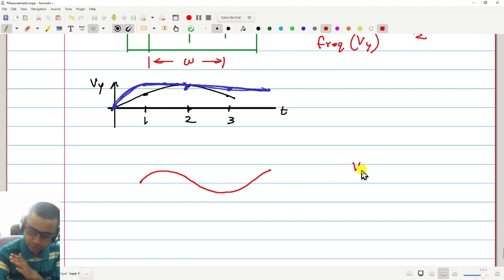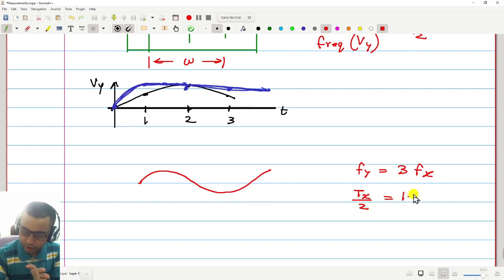Suppose Fy is 3 times Fx. That means by the time Vx moves from extreme left to extreme right, a half cycle, half of Tx will be equal to 1.5 of Ty, correct?